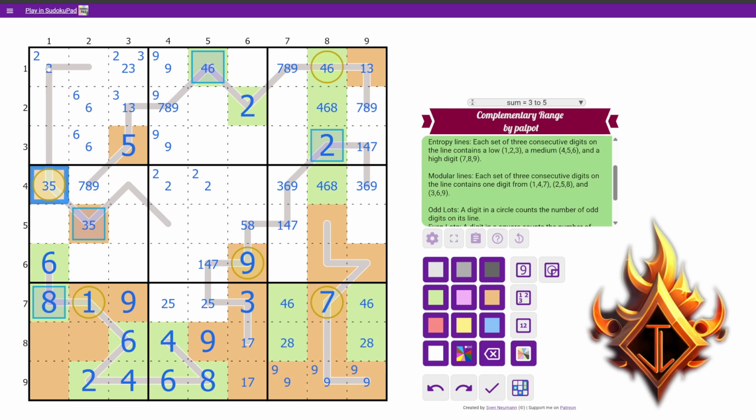All right. 1, 2, 3, or 9. That all depends on what kind of line that is. That is odd though.